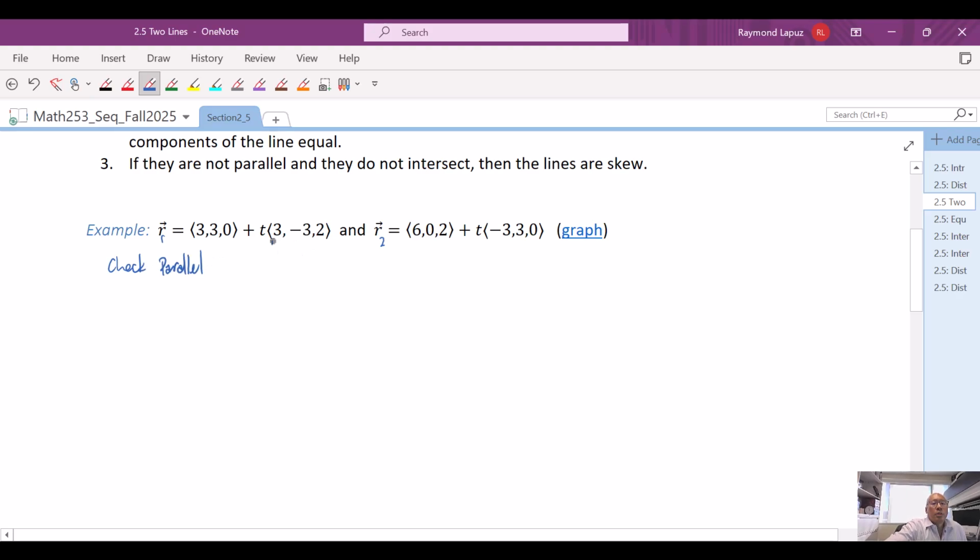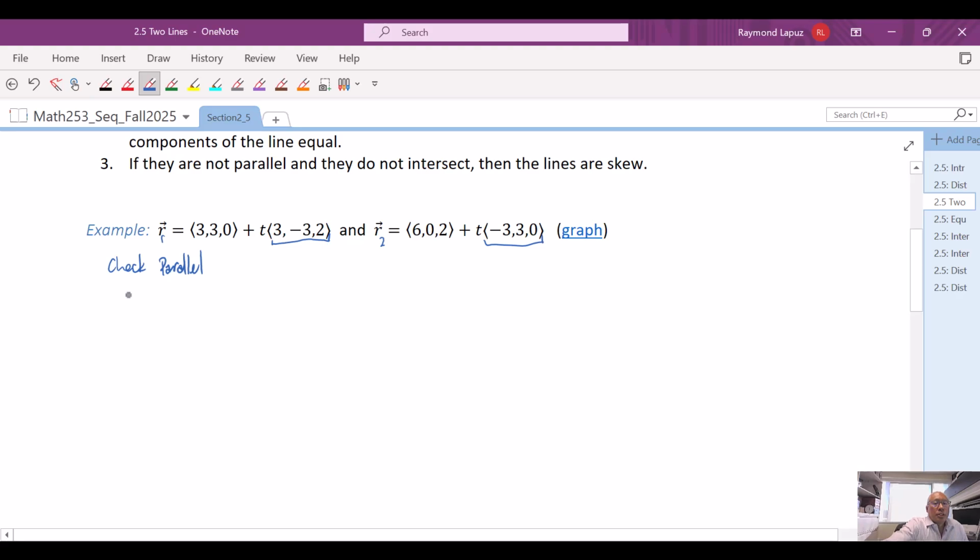What we'll do is extract the direction vectors from both of the lines to see if they're parallel. Now there's a way to see if they're parallel by doing a cross product, but it's not a very quick way of finding out if they're parallel. An easier way to check if two vectors are parallel is to see if they're scalar multiples of each other.